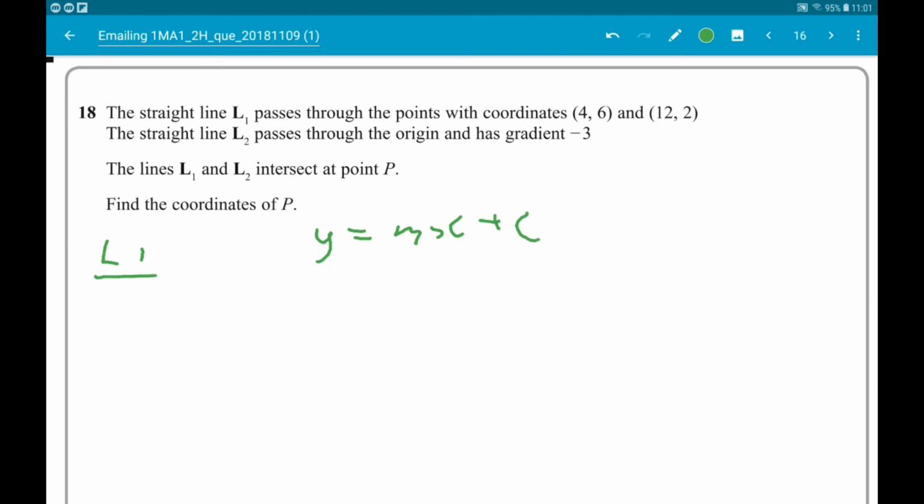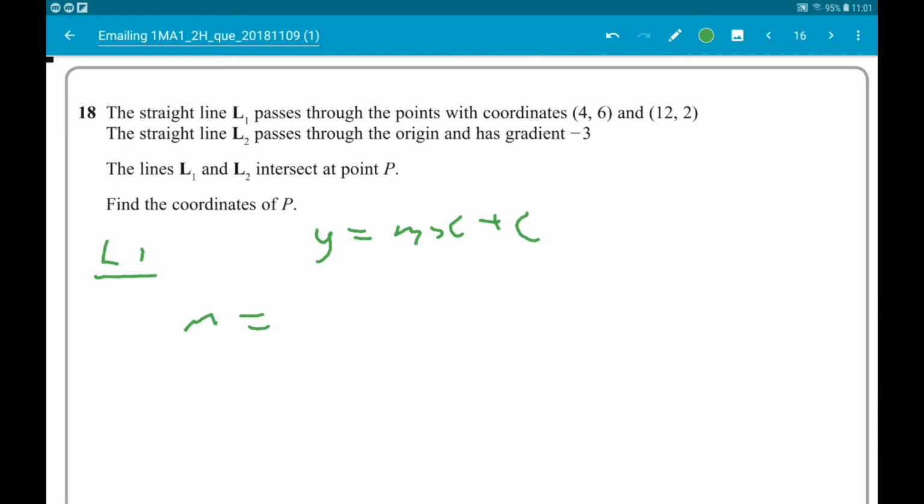Now, m is the gradient, c is the y-intercept. So, we need to first of all find the gradient.